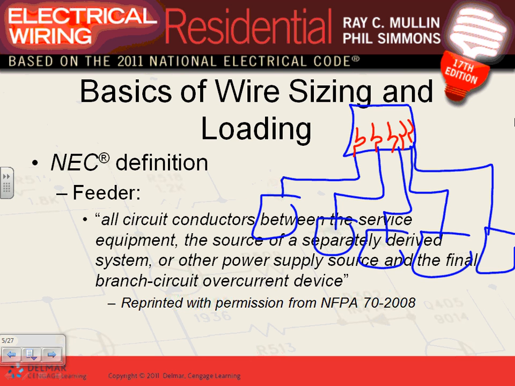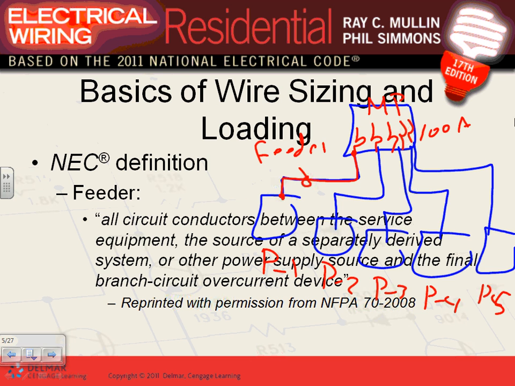Say each one of them is 100 amp. The conductors from here to here are called the feeders. This is my feeder, from the main panel to panel 1, 2, 3, 4, 5.